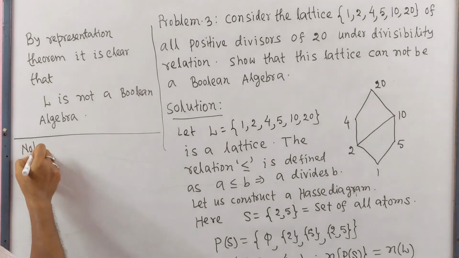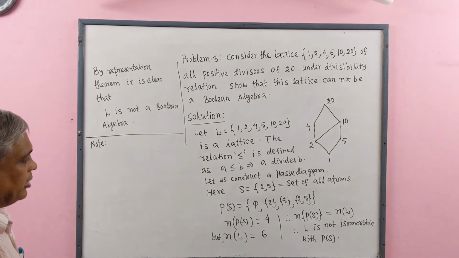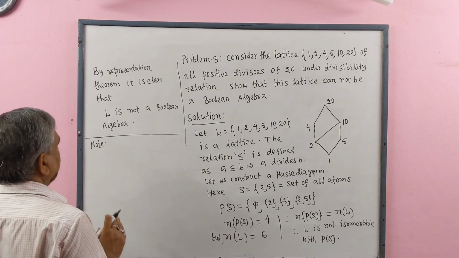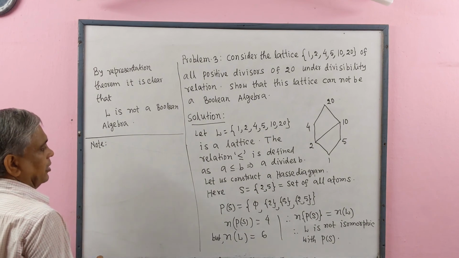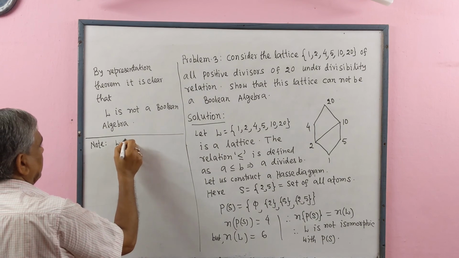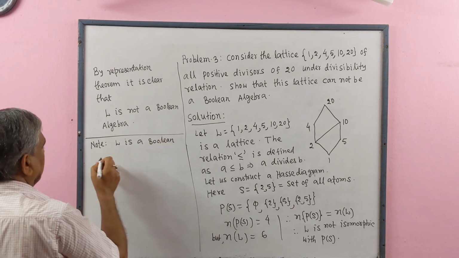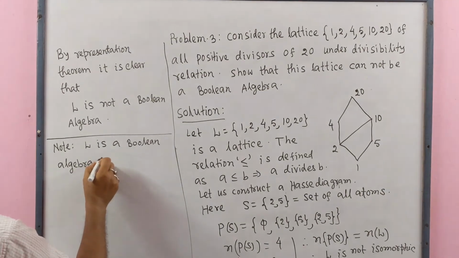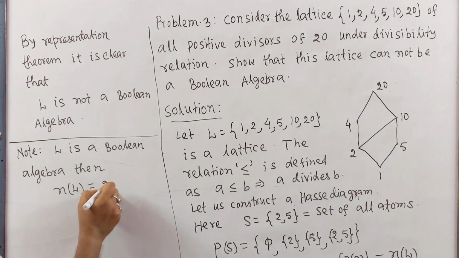Note: for solution of a problem of this type, we may solve this by the concept that if L is a Boolean algebra, then NL is equal to 2 to the power n.